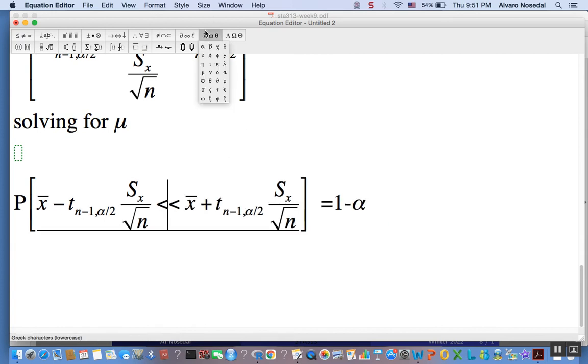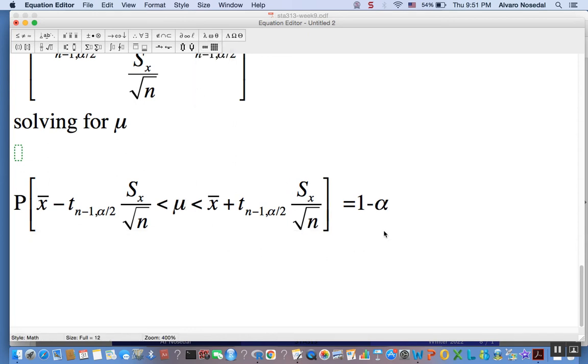What we have there now is just mu, and that's the parameter of interest. So these two form a central 1 minus alpha credible interval for mu.